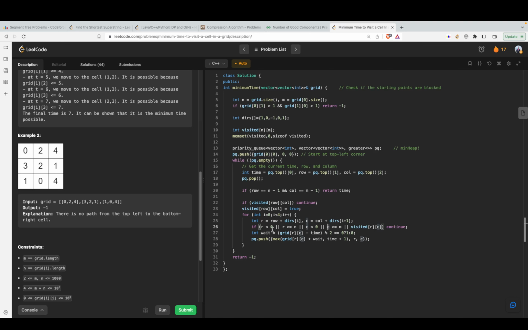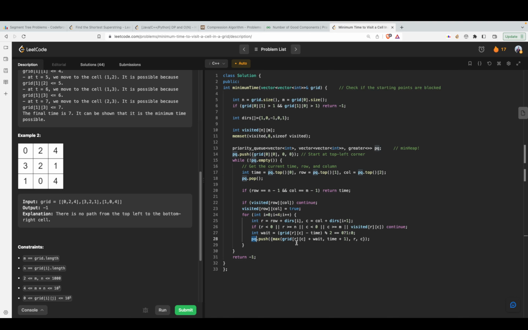Okay, so the only difference over here is that I'm checking for the wait time. Now, as I told you, if the difference between the current time and the time you require to go to the next node is divisible by 2, in that case you'll have to add 1 to the time, right? So that's what I'm calling wait time over here. Now, you'll have to push this particular node into the map.